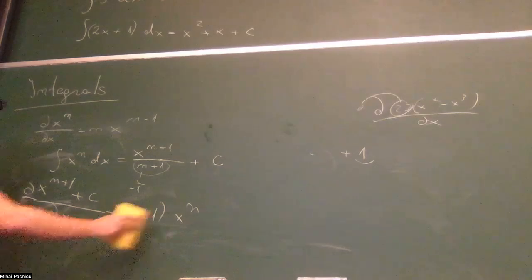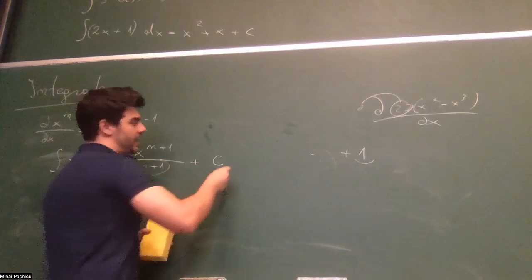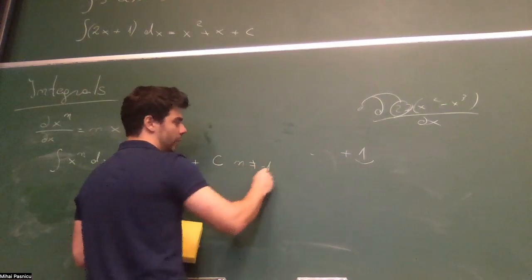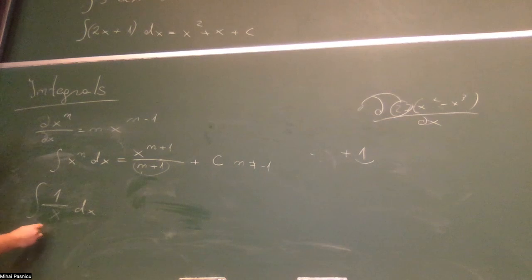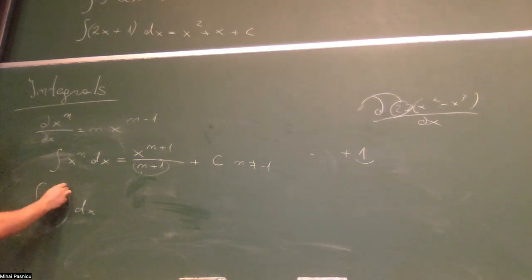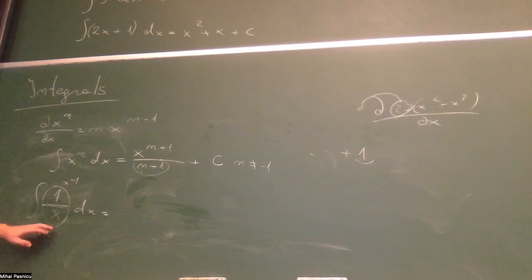So this formula is correct for any n not equal to minus 1. For any n not equal to minus 1, it's perfectly fine. But for minus 1, when I'm integrating 1 over x dx, which is just x to the power of minus 1, what is this integral?